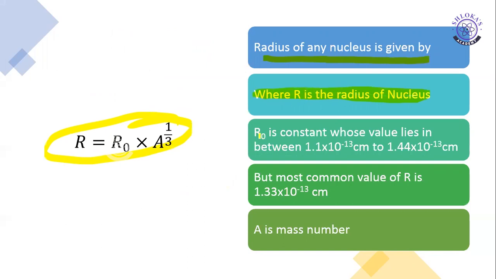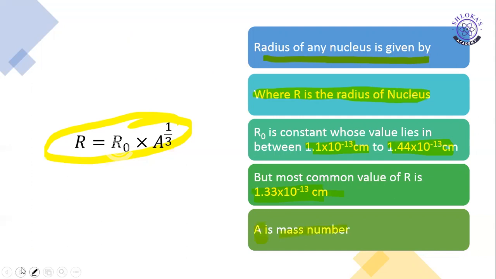And R naught is a constant whose value lies in between 1.1 into 10 to the power of minus 13 to 1.44 into 10 to the power of minus 13. But the most common value is what? By default, if nothing is given, you can consider it as 1.33 into 10 to the power of minus 13. And what is A? A is the mass number, right?